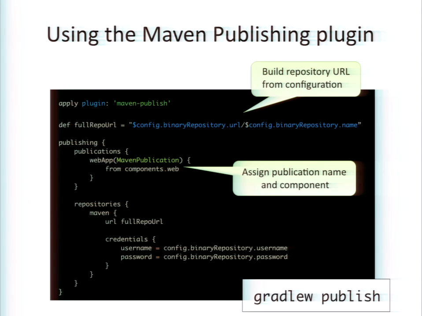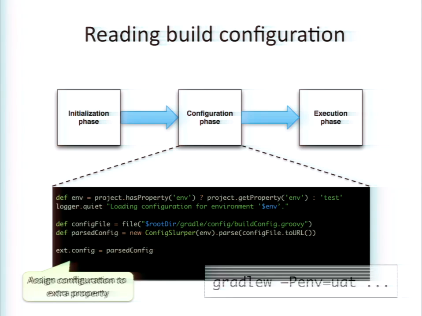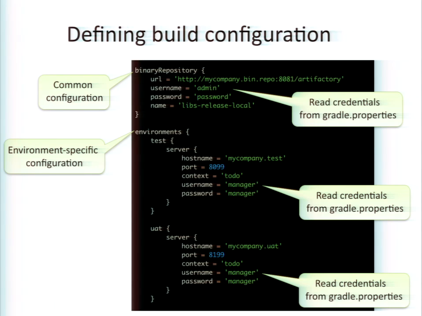Yes? Just to be clear, the environment configuration is packaged as part of the war? Can you say it again? Just to be clear, the environment configuration is packaged as part of the war? No, in this case not. So here, in terms of environment, we have just different configuration properties for each environment, like we need to deploy to a different host, for example. And all the environments are modeled in our Groovy script in this example here.